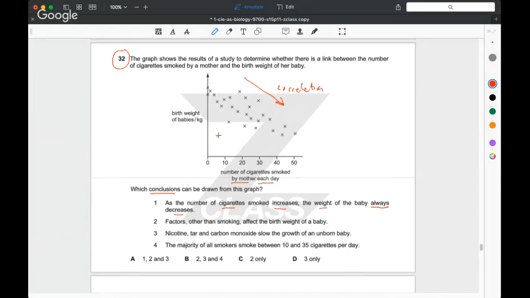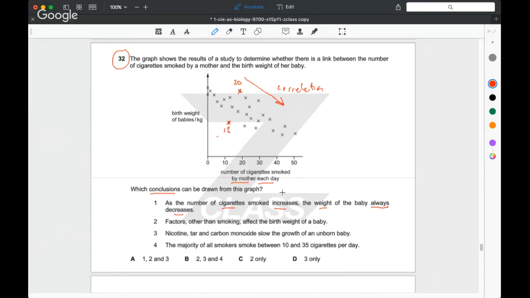There's some scatter here. Because, for example, if you take this point here and this point here, in the case of this baby, let's say the mother might have smoked 12 cigarettes a day, whereas this mother smoked 20 cigarettes a day. And the one that smoked the greater number of cigarettes, in this case, had a higher birth weight than the baby whose mother smoked fewer cigarettes.